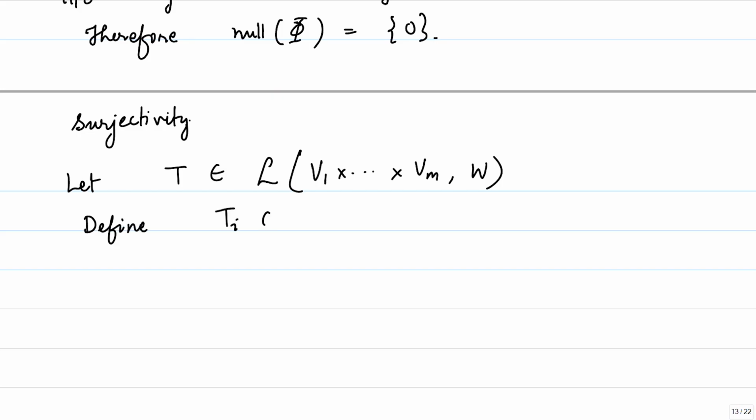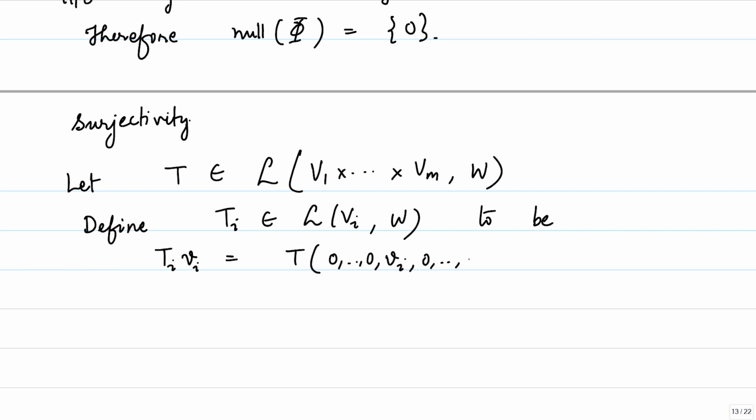So what we will do is define Ti in L of Vi comma W to be, Ti of Vi equal to T of 0 comma 0 comma 0 comma Vi comma 0 comma 0, where this Vi is in the ith coordinate.